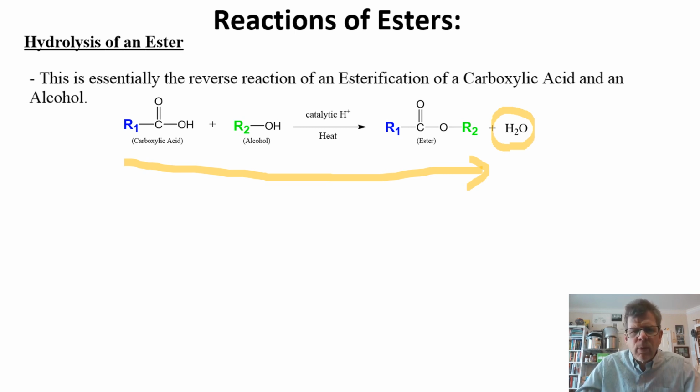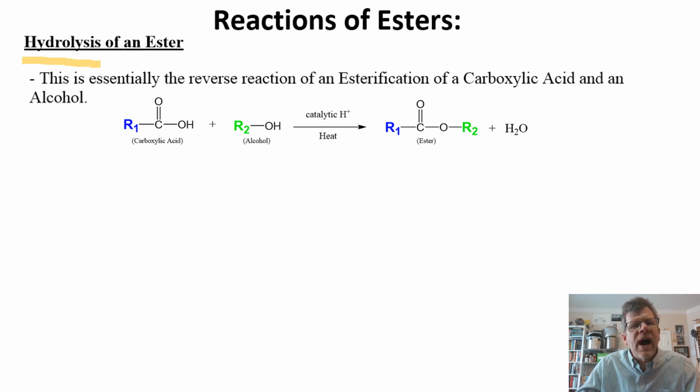Well, what would we call the reverse reaction? In this case, it is known as a hydrolysis. Hydrolysis. So we are using hydro for water. There's water, and we're going to be using that water on an ester.